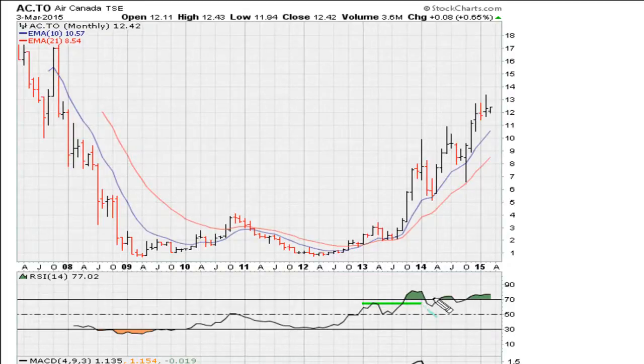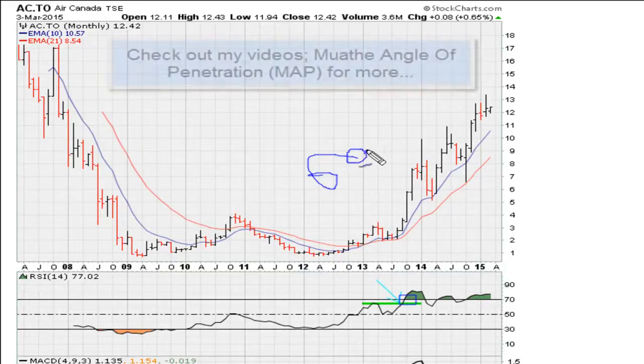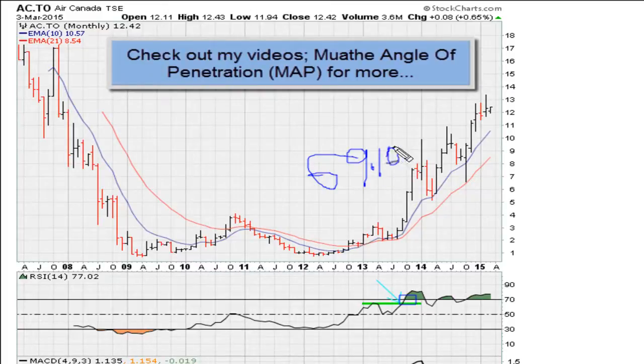Now if we take a look at the next breakout, which is clearly defined there on the monthly, here we see that the monthly RSI jumps to 3-year highs and very quickly also moves above 69.10. So there's our threshold again. Angle of penetration is very good above that threshold, and I have a lot of videos explaining why that is important.